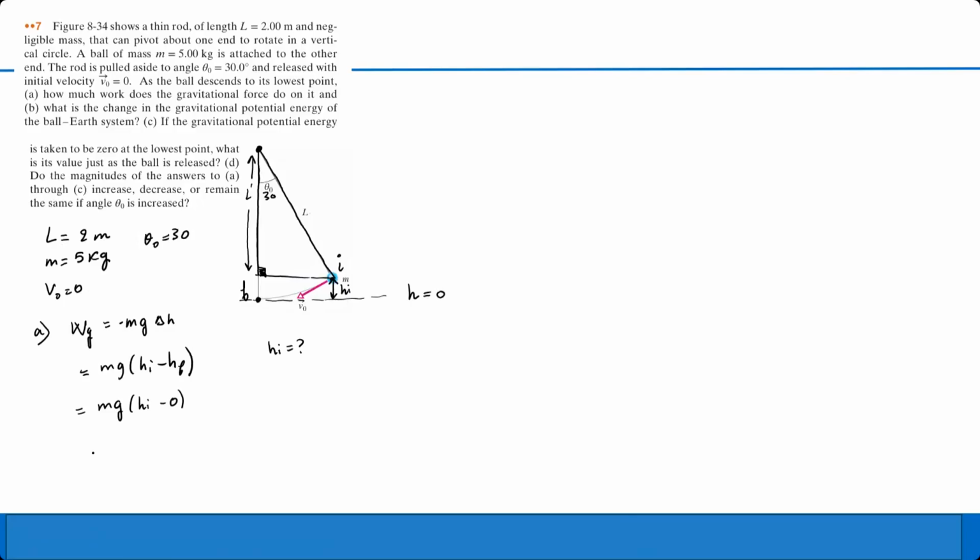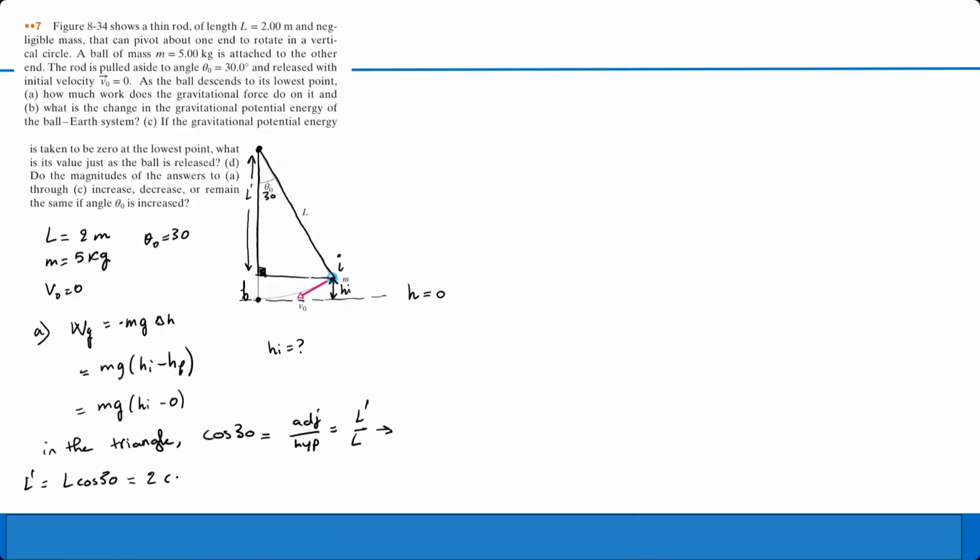Why? So in the triangle, cosine 30, which is adjacent over hypotenuse, is going to be L prime over L. So I can deduce that L prime is L cosine 30, which I can find. That's perfect.